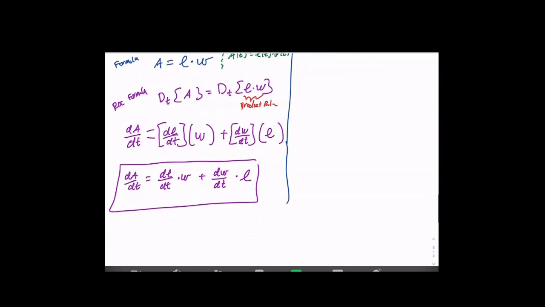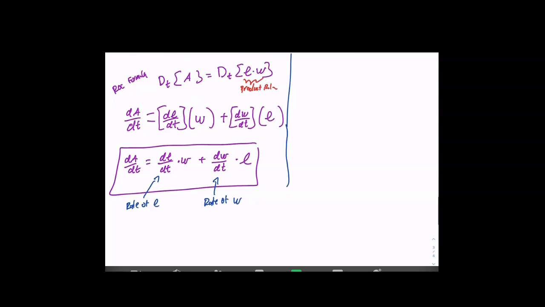Okay? So dL/dt represents the rate of the length, and this is the width, and this is the rate of W. So there's a relationship here.